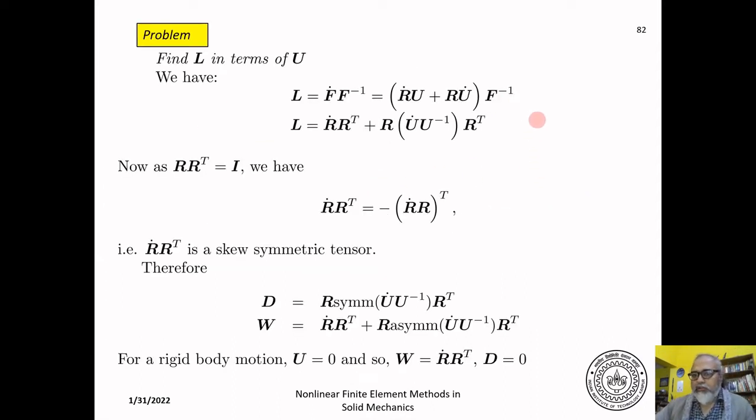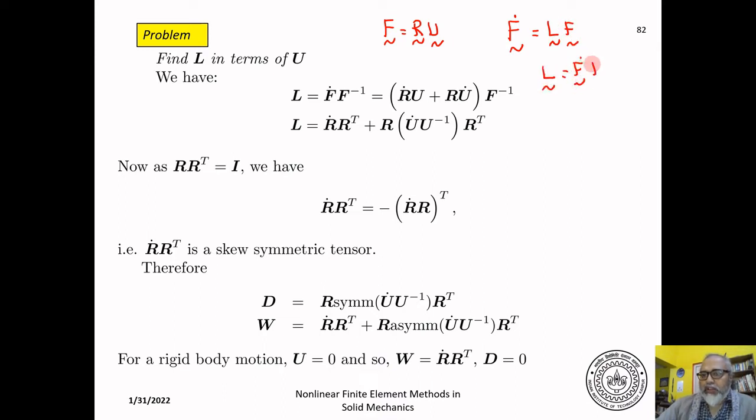And so we will use two expressions. One is F is equal to RU. This we had learned before. And then just a few slides ago, we derived that F dot is equal to LF, which means that L is equal to F dot F inverse. Now use these together.